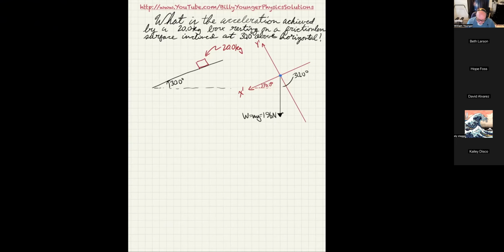When you have the inclined plane like this and you draw the weight vector down, the angle between the weight vector and the negative y-axis is the same as the incline angle. I don't want you memorizing that, because I need you to work out the geometry. Sometimes, instead of giving you this angle, we would give you this angle, and then you can't just blindly say this is going to be that angle.